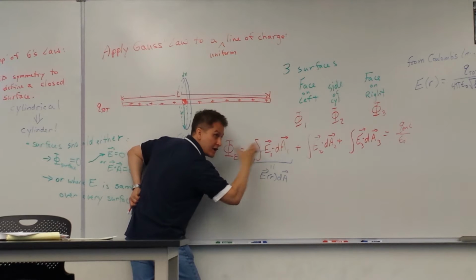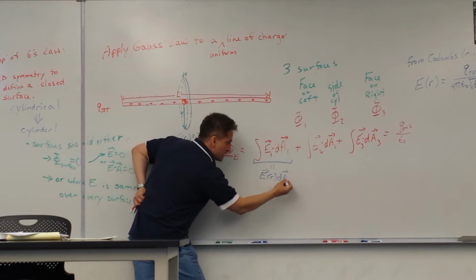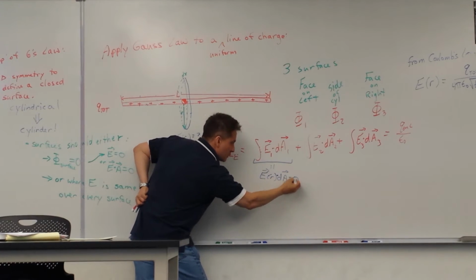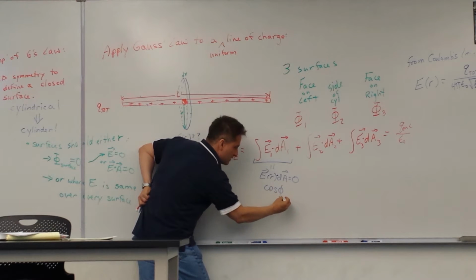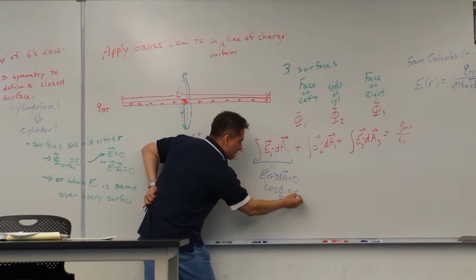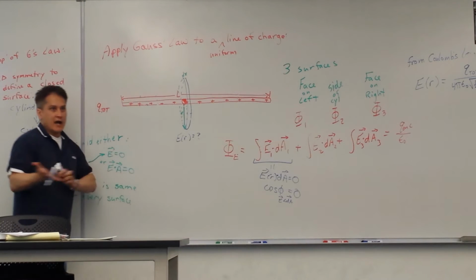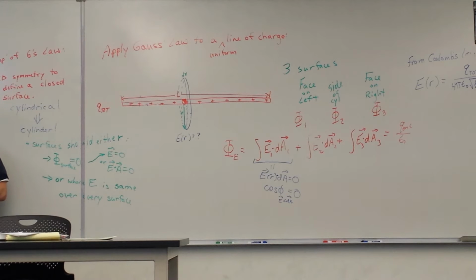dA, as we evaluate over that whole surface, there's a dot in there, will always be equal to 0 because the cosine subtended by E and dA is 0. The angle is 90 degrees. And that's my justification. Even if it's radially increasing or decreasing, doesn't matter.